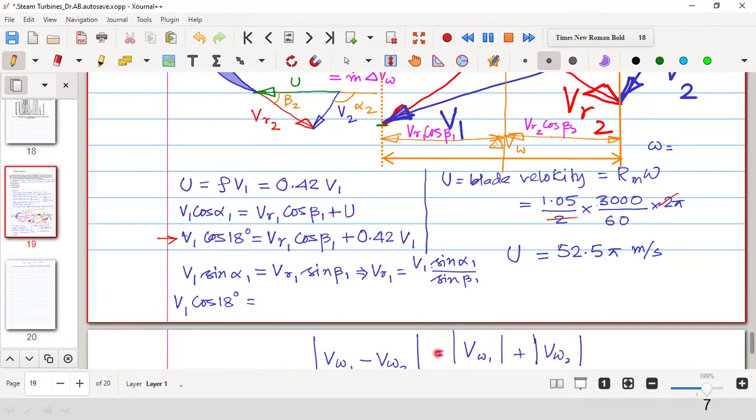Then we can put it here. Therefore, what is VR1 cos beta 1? If we multiply this by cos beta 1, then it becomes V1 cos beta 1 by sin beta 1, it will be sin alpha 1 by tan beta 1.